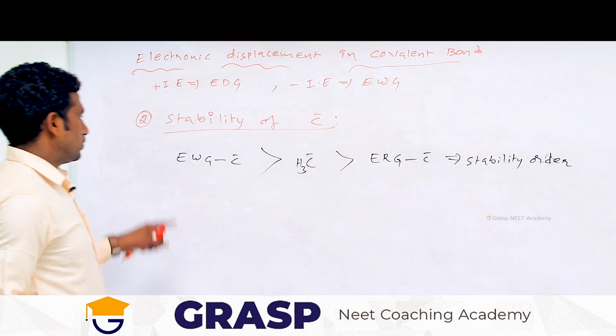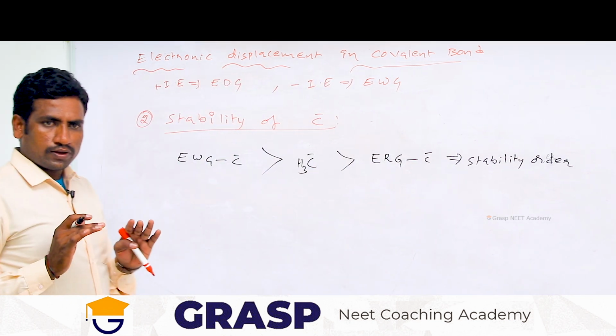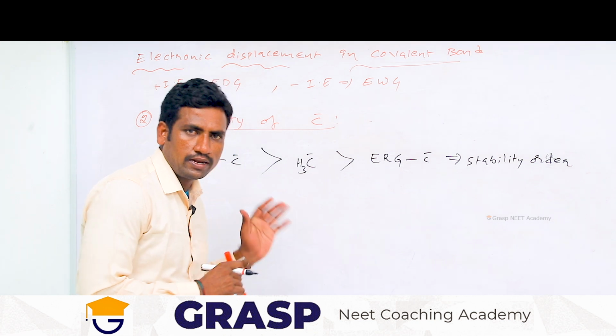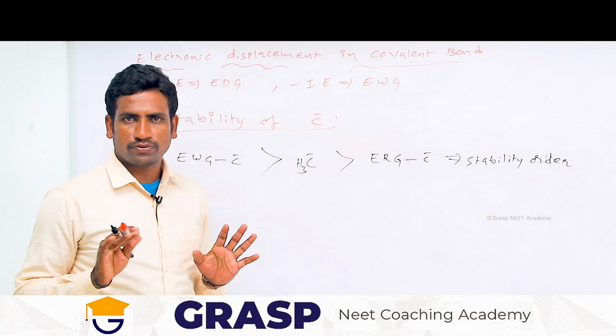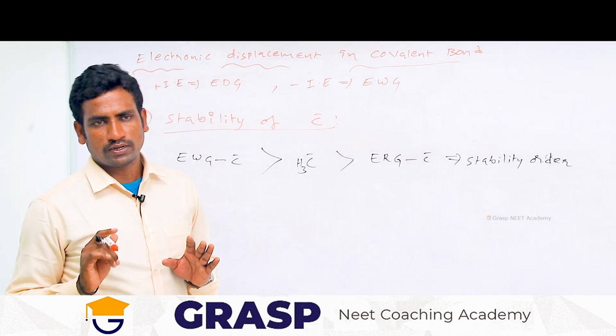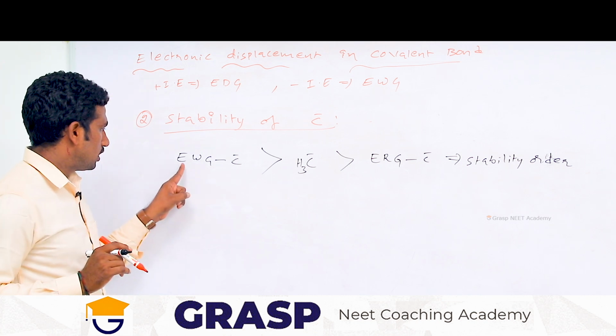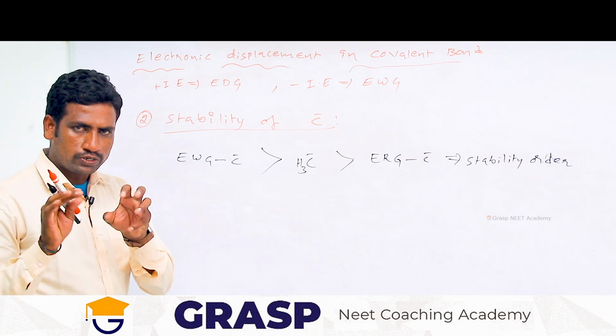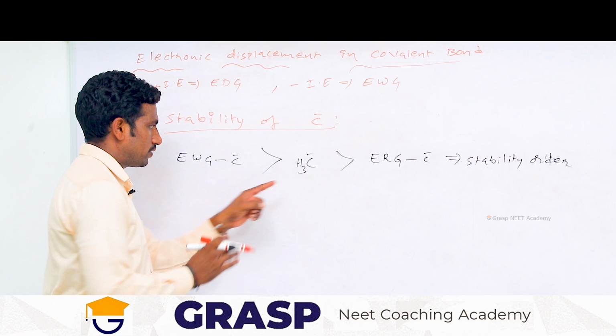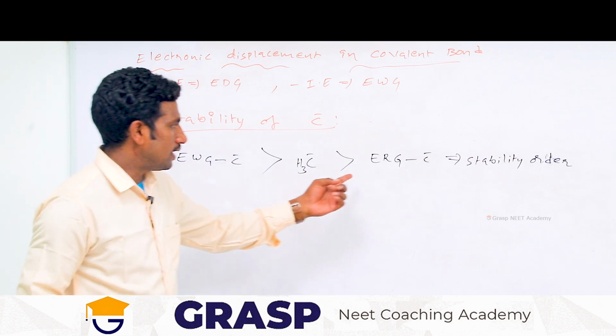If you can arrange in this manner, you have solved 50% of the answer. For carbanions, you need to choose the electron withdrawing group carbanion first, keep it in front of CH3-, then electron releasing groups.